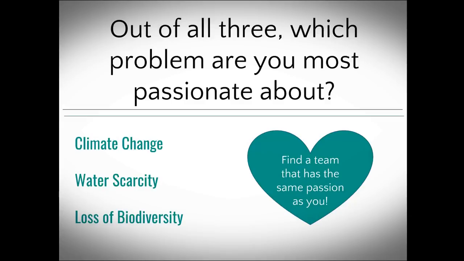So again, I'll have you pause this, and then Mrs. Stringer can have one corner be loss of biodiversity, the next corner be water scarcity, and another corner be climate change. You can go into those corners and form teams. You want to form teams of about 2 people, and really no more than 4 people.